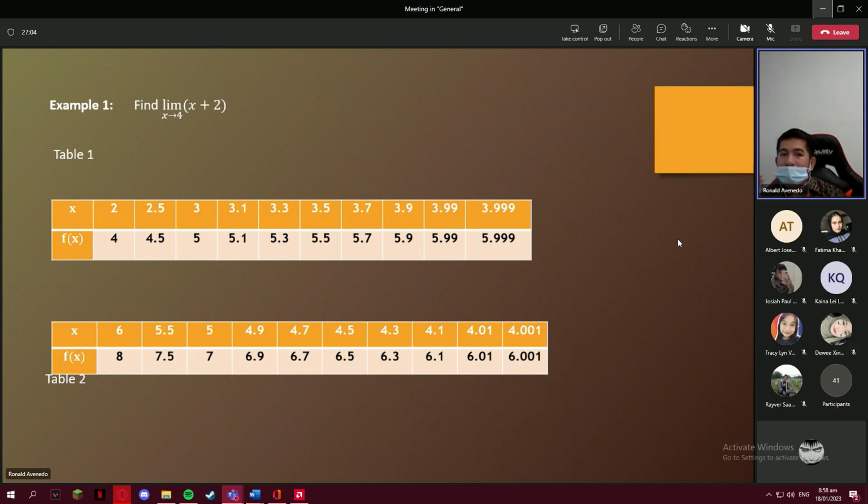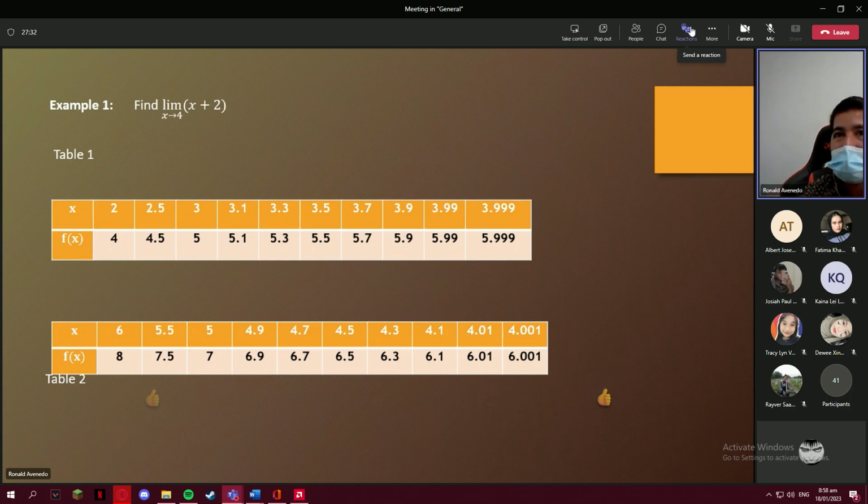So, we can say that the limit of x plus 2 as x approaches 4 is 6. But, question, is 6 part of the solution? The answer is not. Kasi, papalapit lang siya doon sa value ng 6. Okay. Did you understand or may mga tanong?